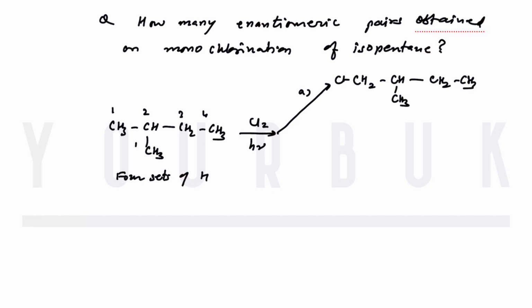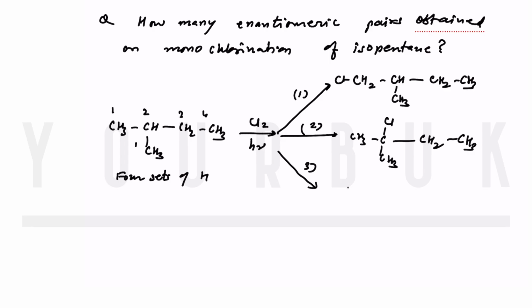Then we replace hydrogen from set number 2, which gives this product. Then we replace the hydrogen from set number 3. And finally, we replace the hydrogen from set number 4, which gives this product.